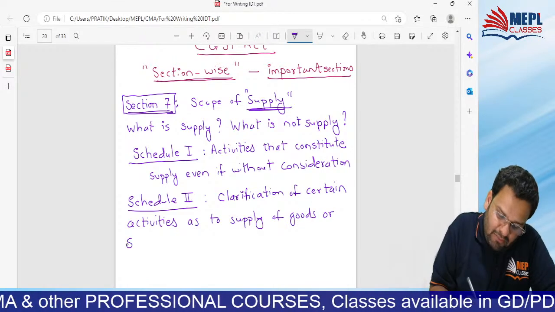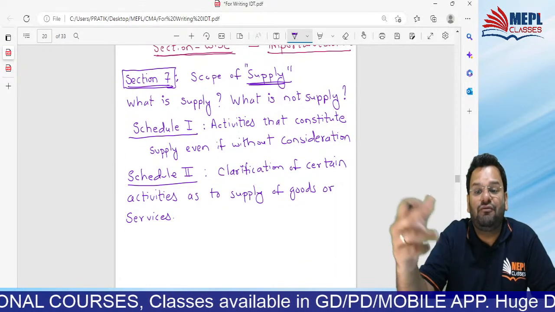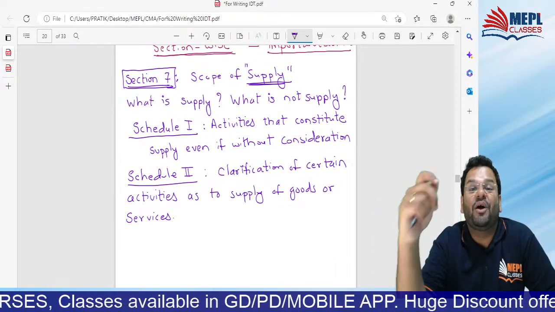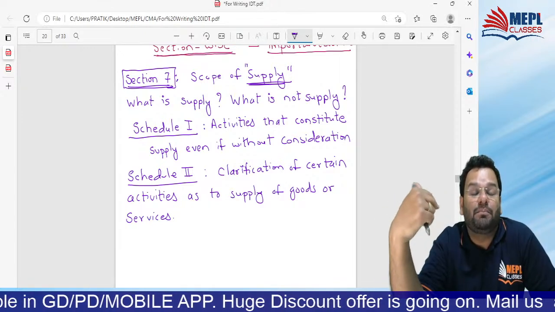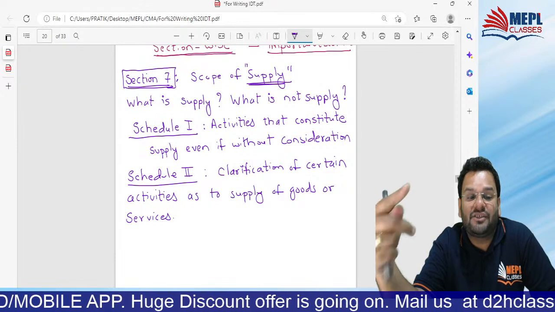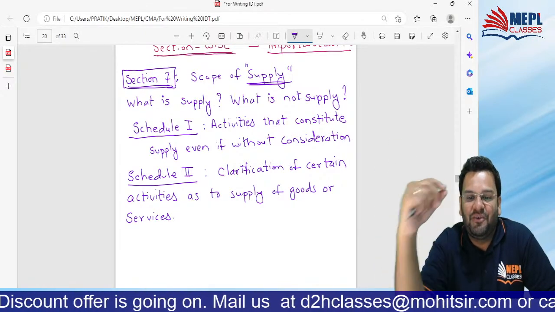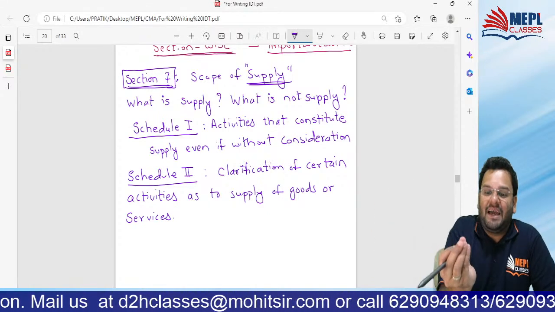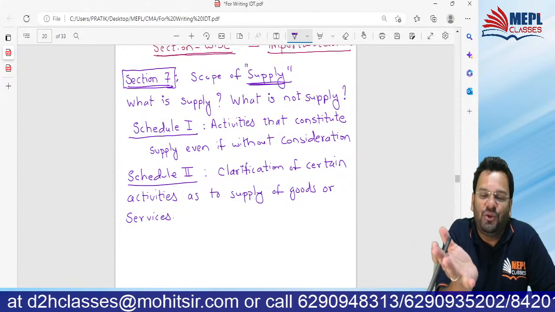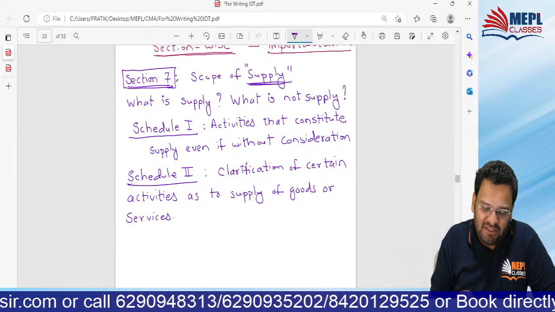Okay, so there are some activities like you go in a restaurant and have food. So what has a restaurant done? Has the restaurant given supply of goods or supply of services? When a restaurant serves you food, is it supply of goods or is it supply of services?